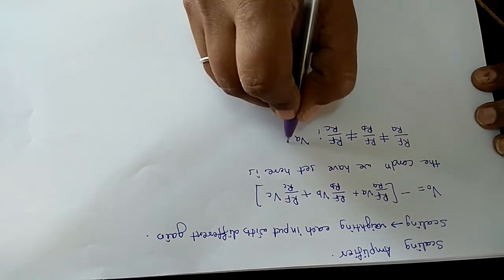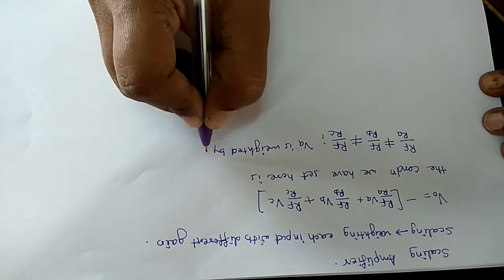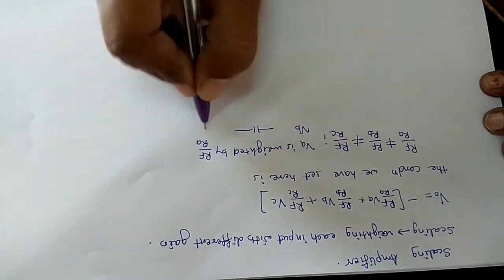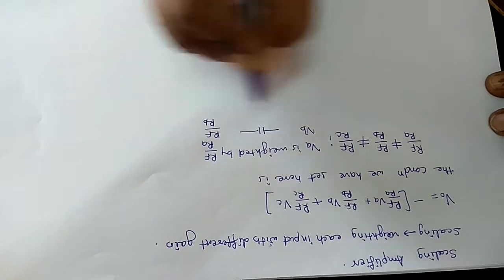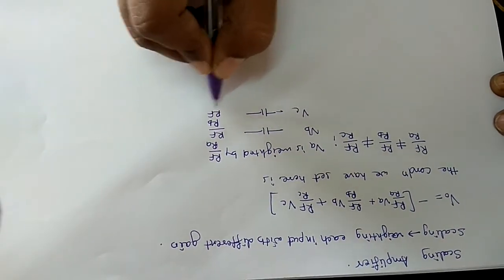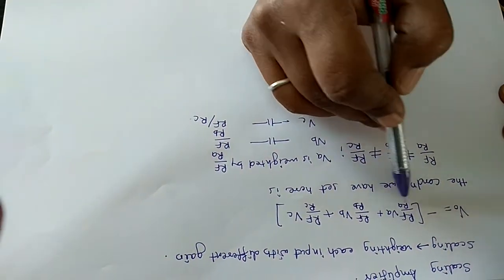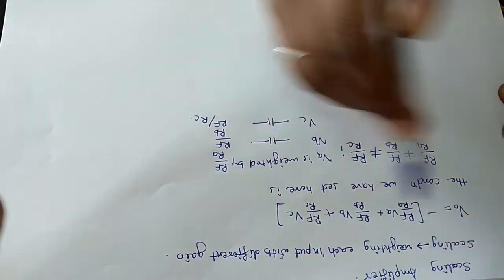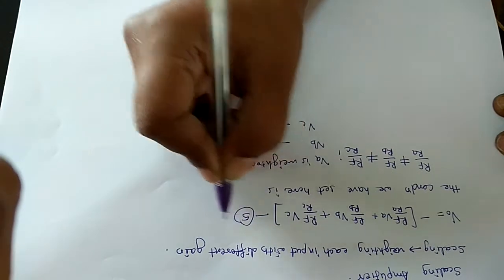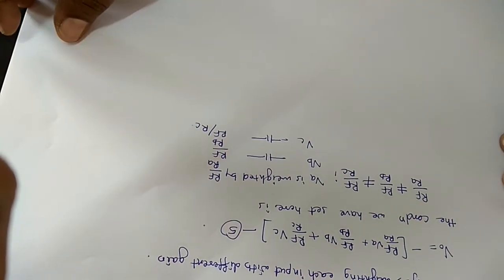It means that VA is weighted by RF by RA, VB is weighted by RF by RB, and VC is weighted by RF by RC. So each input signal is weighted by a different gain factor and then added, which is called a scaling amplifier. So this equation itself functions as a scaling amplifier.